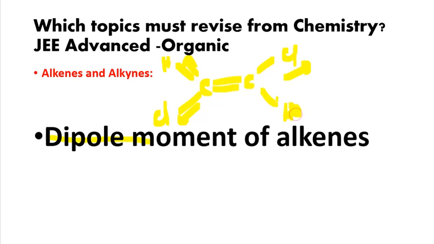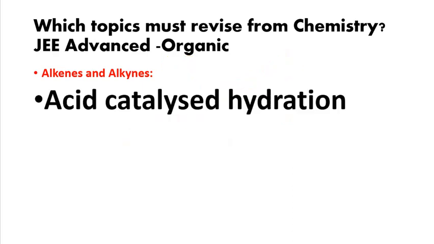Like that, based on the substituents on alkenes and alkynes, you may be asked questions on dipole moments. So just revise dipole moments of alkenes and alkynes. And the most important from alkenes and alkynes is acid catalyzed hydration. Okay, so just focus on it.